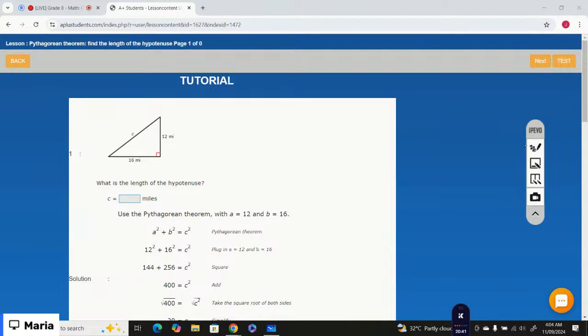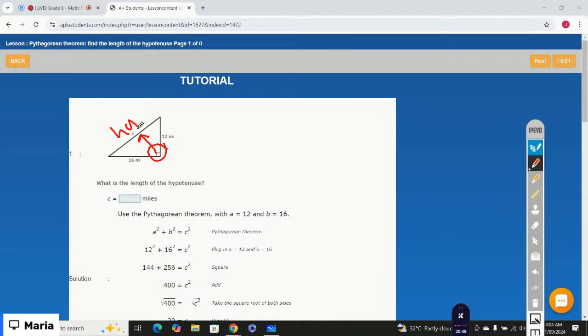This is the longest side. The side that is in front of the right angle is the hypotenuse. That is the longest side in the triangle.